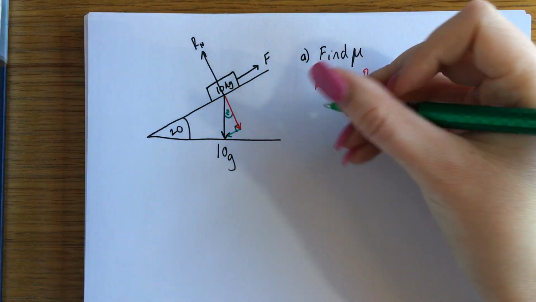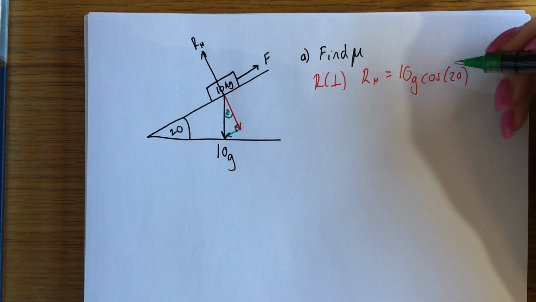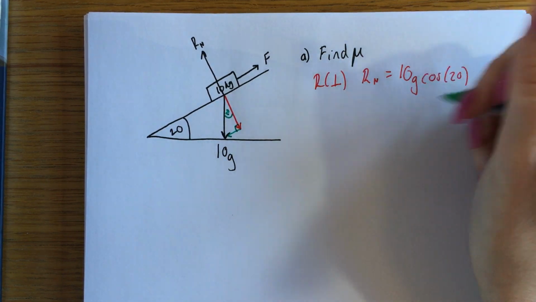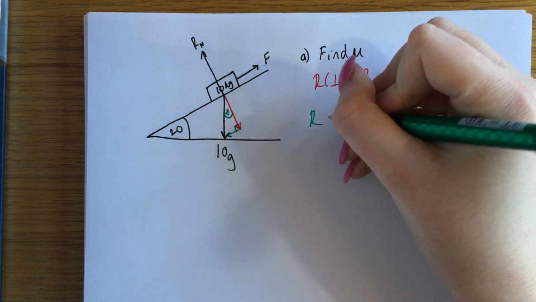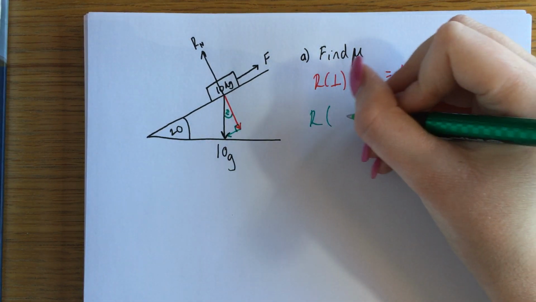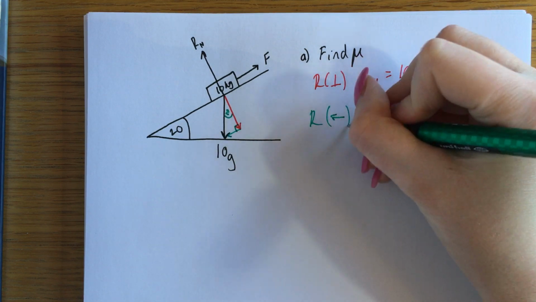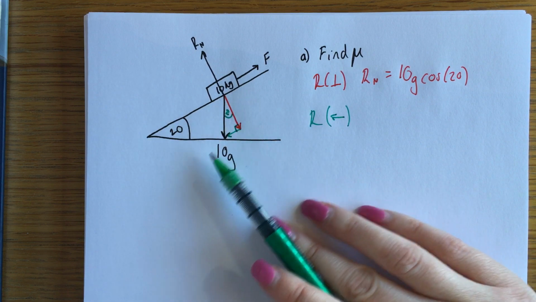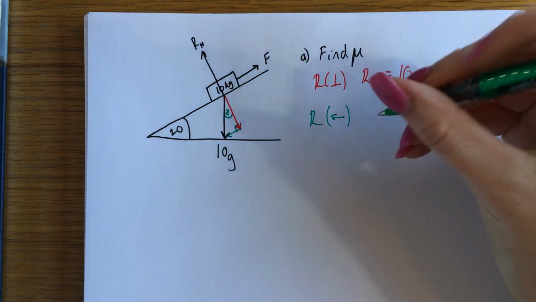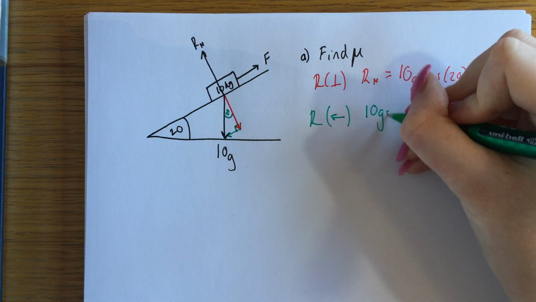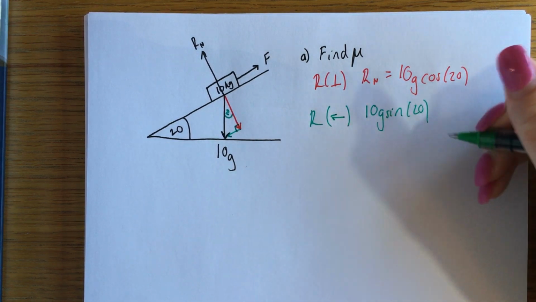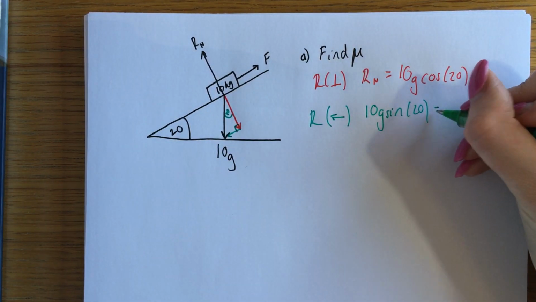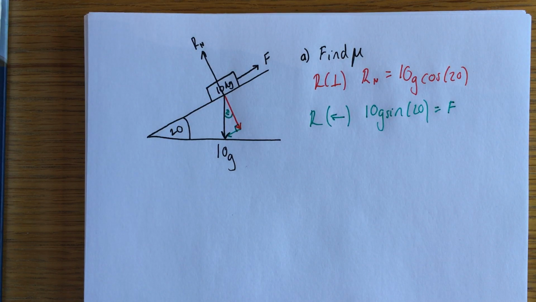And I'm going to leave it like that rather than writing a horrible decimal, because it's easy then to substitute that in. I'm also going to resolve parallel to the plane. Now I've put my arrow down that way, just because if the movement's going this way, I've seen that as positive movement, but honestly it makes no real difference in this case. So 10g sin 20 must be equal to friction.